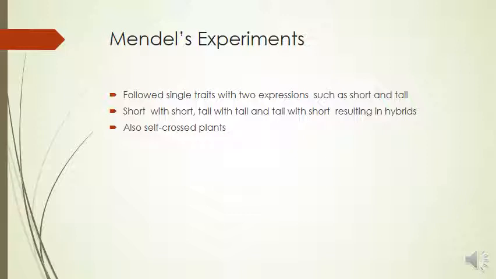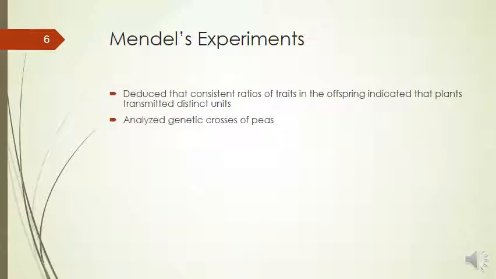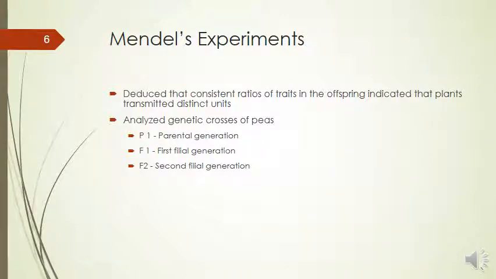He also self-crossed plants. Mendel was able to deduce that consistent ratios of traits in the offspring indicated that plants transmitted distinct units. He analyzed genetic crosses of peas. P1 was the parental generation, F1 was the first filial generation, and F2 was the second filial generation.